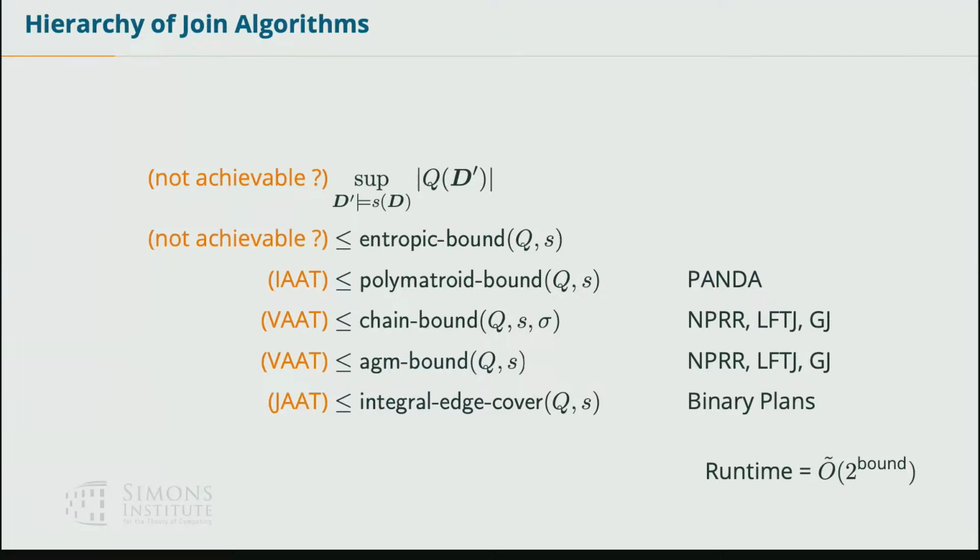And these would be worst case optimal depending on what you assume about the query and what you assume about the constraints. So if the bound is tight, then that algorithm is worst case optimal. Okay? But we have a hierarchy of bounds and algorithms like this. So in some sense, every algorithm is worst case optimal, depending on what you assume about the query and about the input.